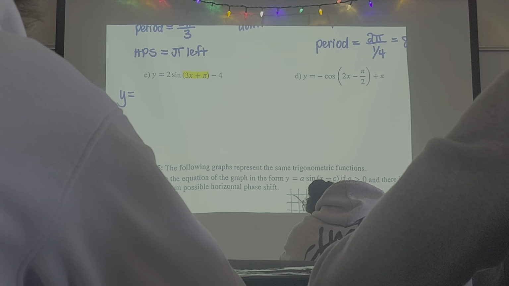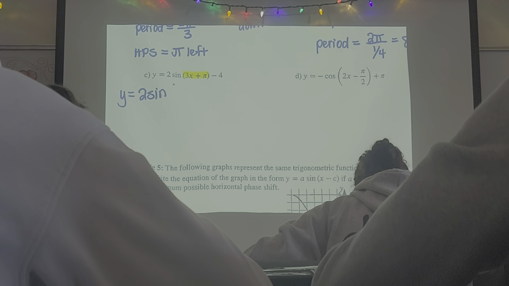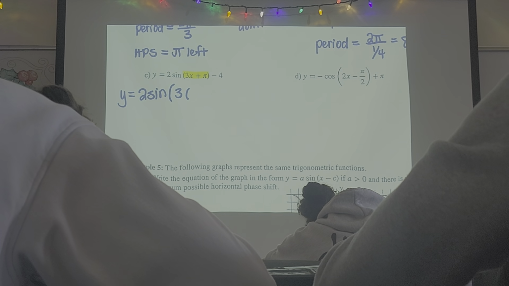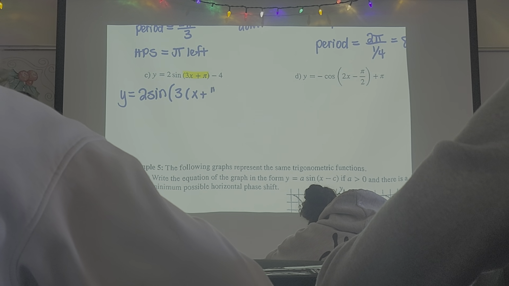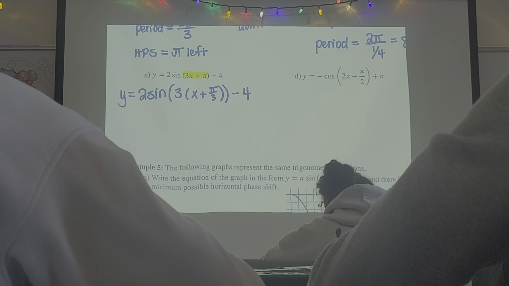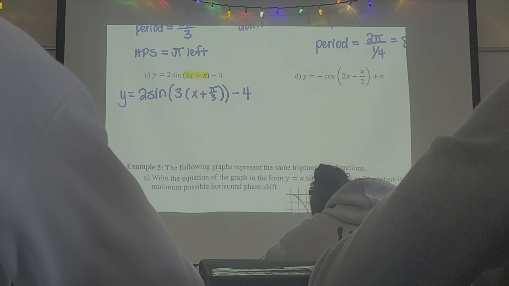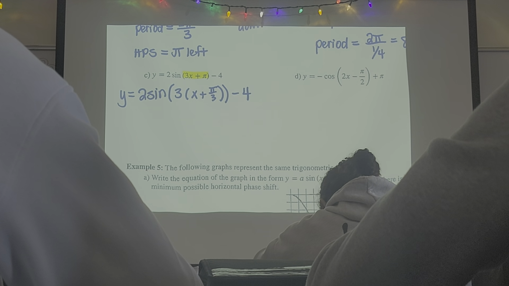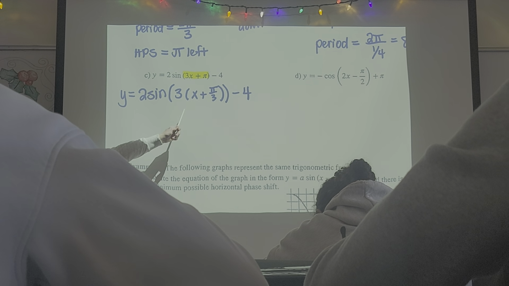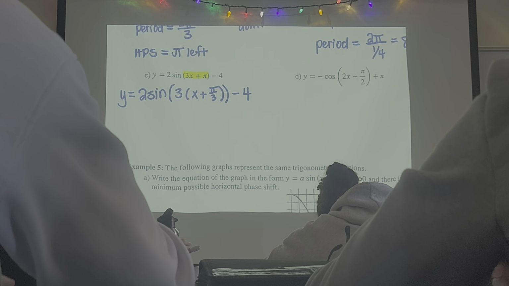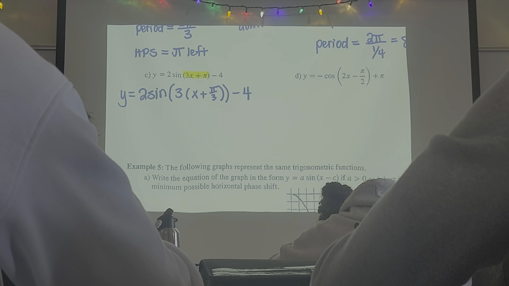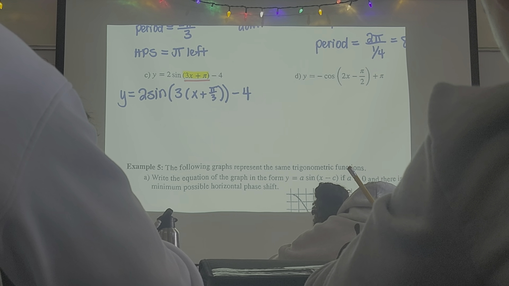It'd be really y equals 2 sine, factor out the 3, so we're left with x plus pi over 3, and then take away 4. Factoring changes our phase shift. We'd think it went pi to the left, but it's actually pi over 3 to the left.